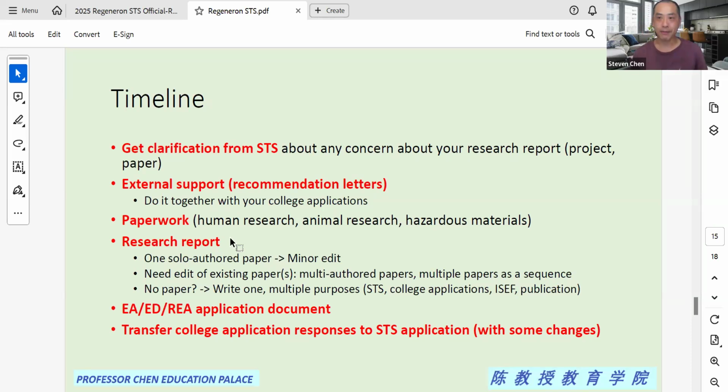Let me give you some examples. That could be like, okay, for this research, I sent out the questionnaire and a survey. So I distributed to the schoolmates, and then I collect the survey. They'll help me collect their data and do some analysis. Okay, so if your research has this component, then you need to complete the paperwork.